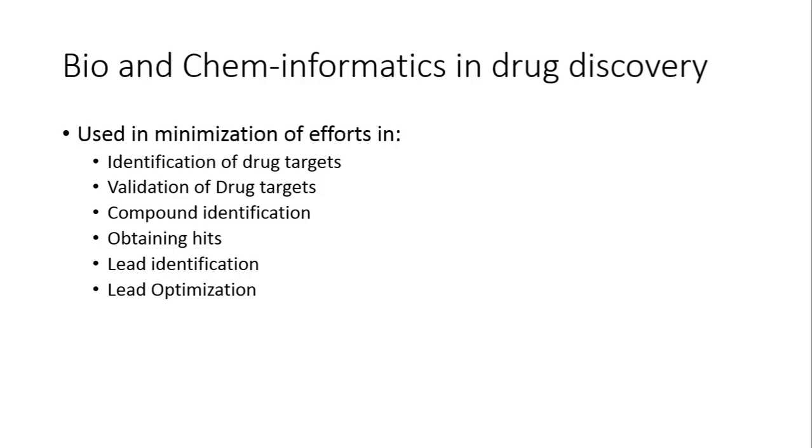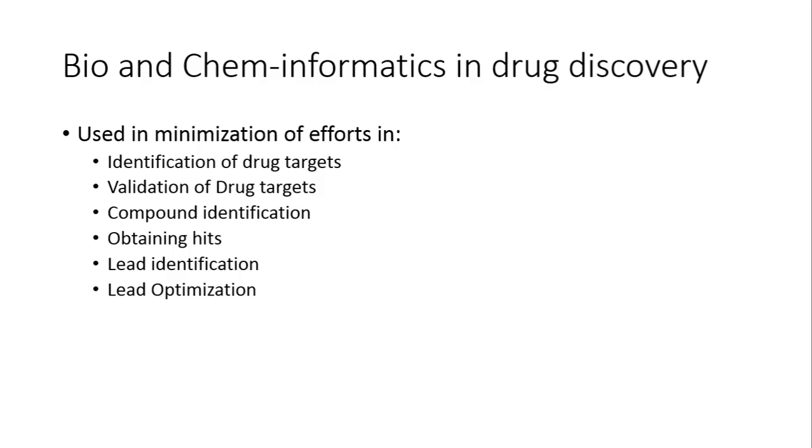In your previous lecture, what we discussed was the application of these bioinformatics and chemoinformatics approaches in drug discovery, and we came to the conclusion that these computational methods are used for minimization of efforts that are usually required for drug target identification.